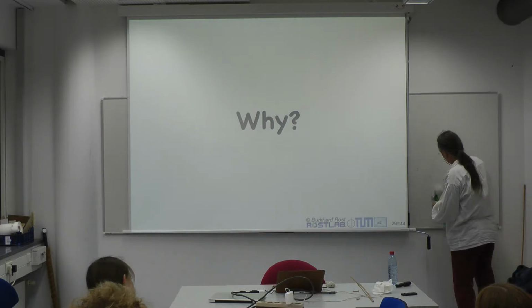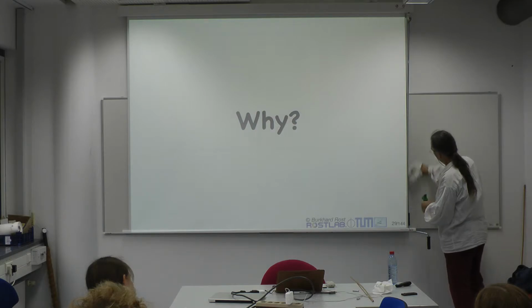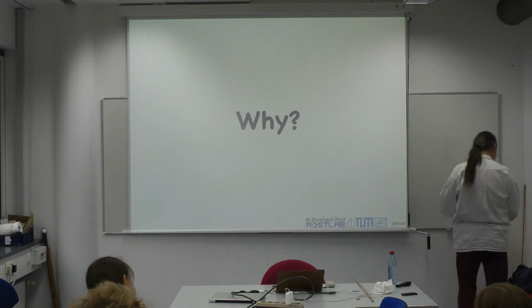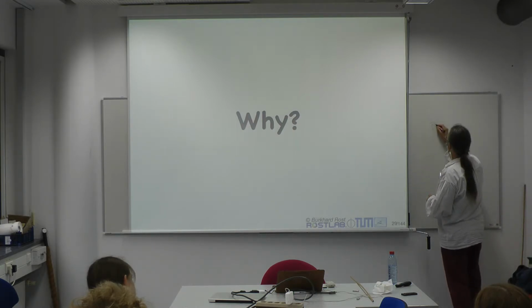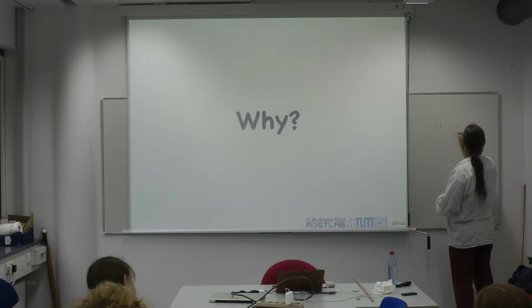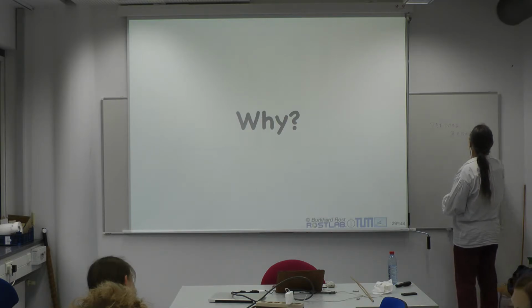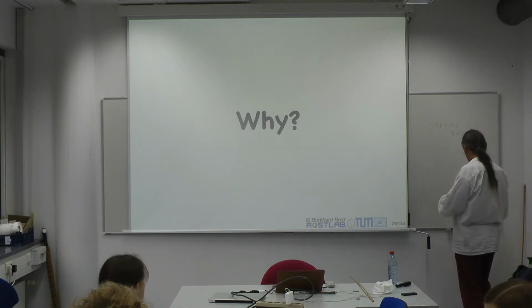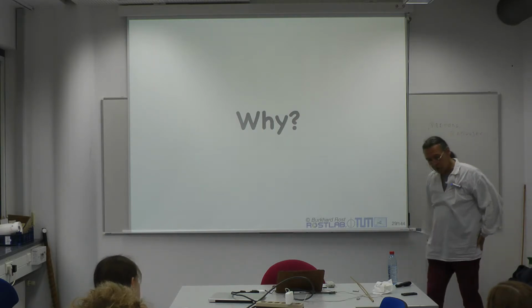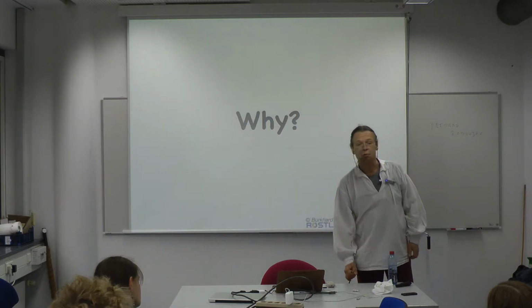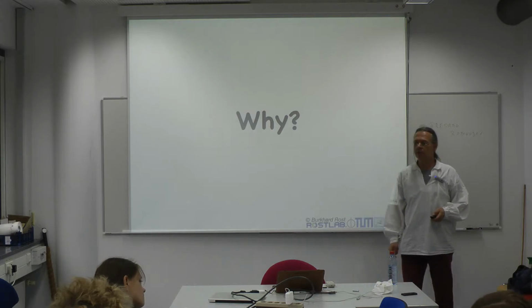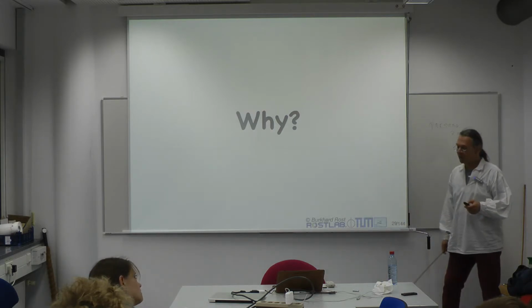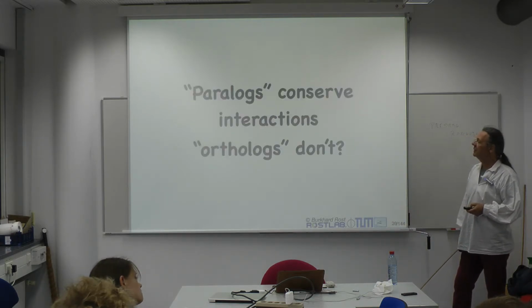And he published a paper that showed that in fact the inference of GO numbers also works better for paralogs than for orthologs. And again, why is unclear. At this point, it's a very clear observation. Others have sort of repeated this.